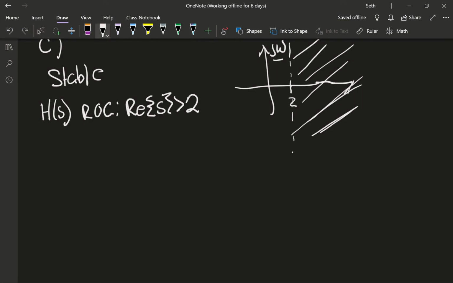The next one wanted to know if the continuous time Fourier transform exists for h of t.